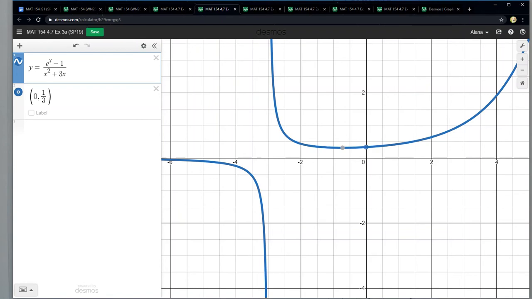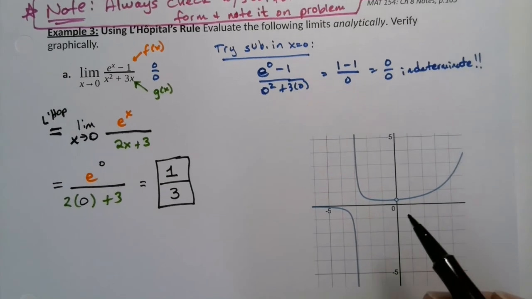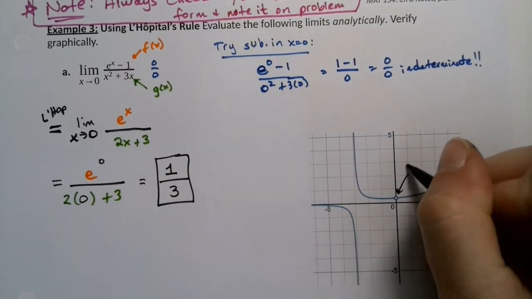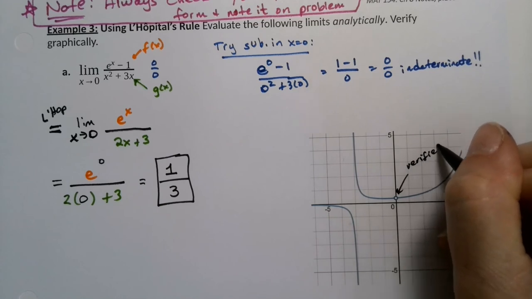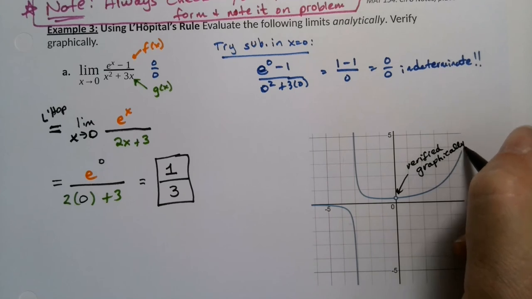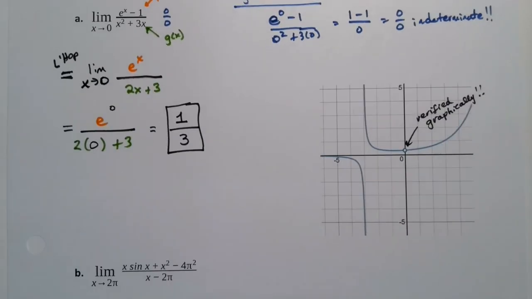But if I put that point in for where we just said it should be, at 1/3, look at that. It's right on top of that curve. So that is indeed the puncture. We're verifying graphically that the value is in fact 1/3.